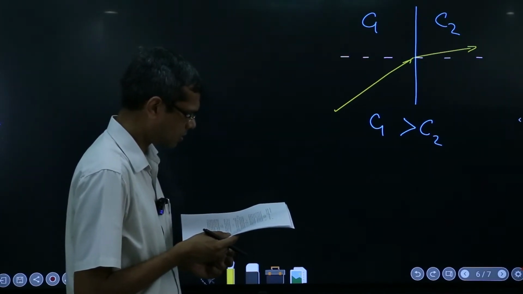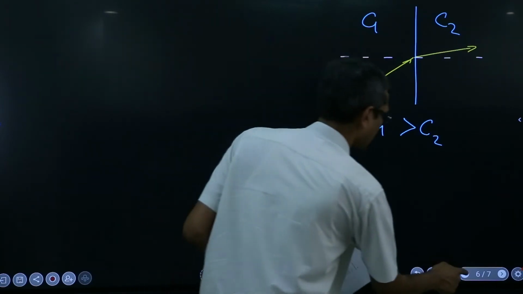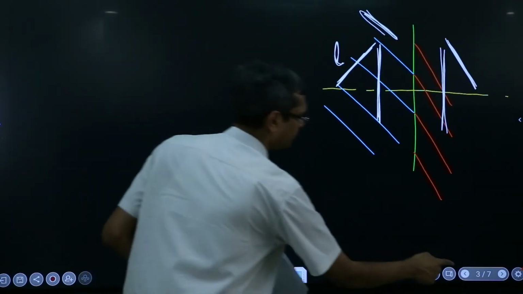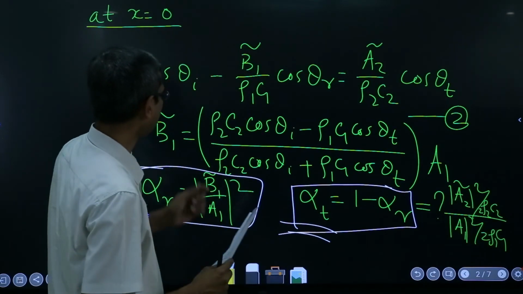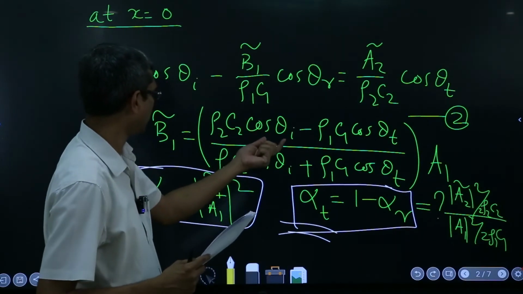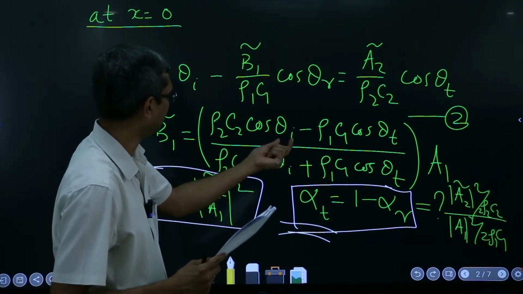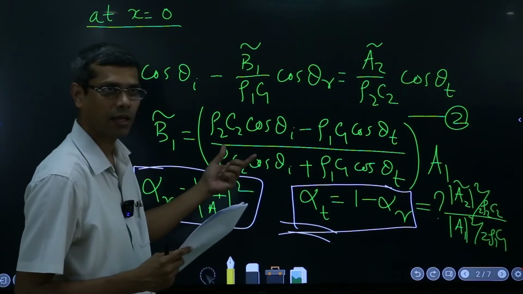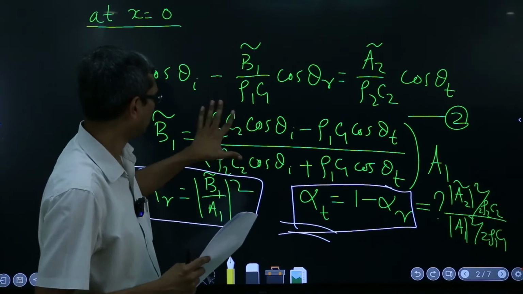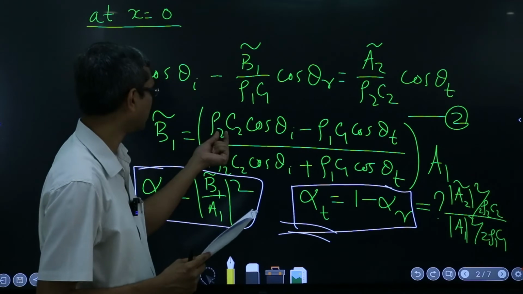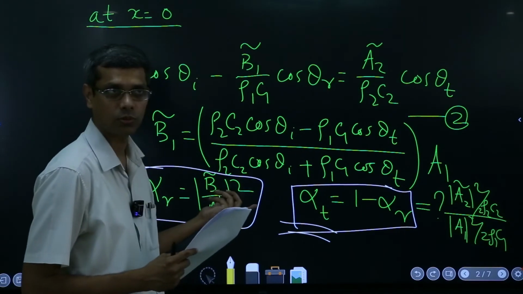In this, suppose theta I is almost 90 degrees. Then these two terms simply go out, irrespective of what rho 2 C2 is.